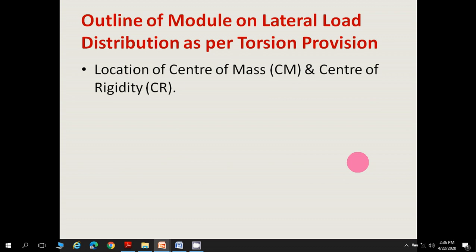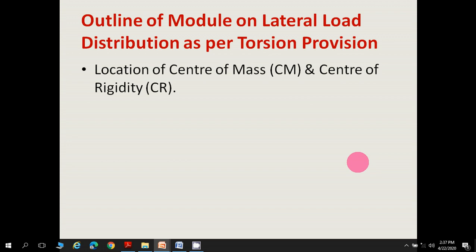If both lie at the same point, then the building will not experience any torsional moment, and if they lie at different points, then there will be an eccentricity, and due to that eccentricity the building will experience a torsional moment. So before discussing how the lateral load is distributed as per torsional provision, we need to find out the center of mass and center of rigidity.